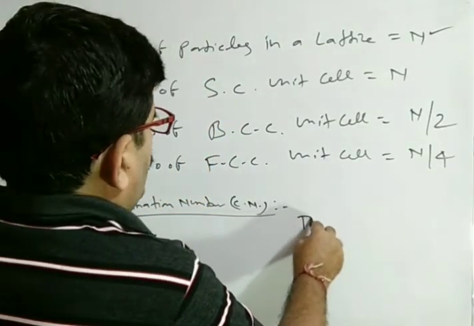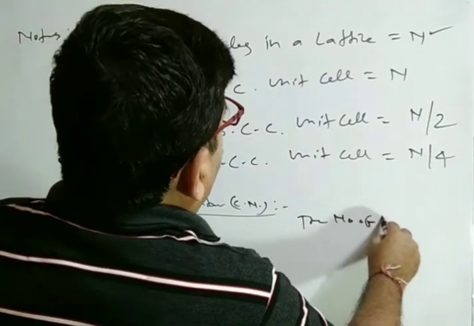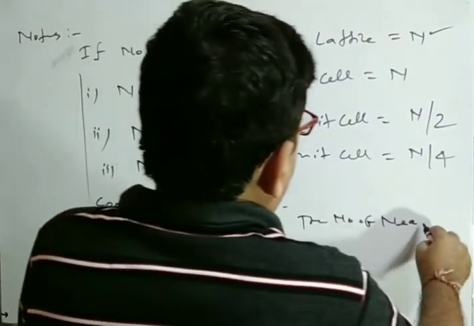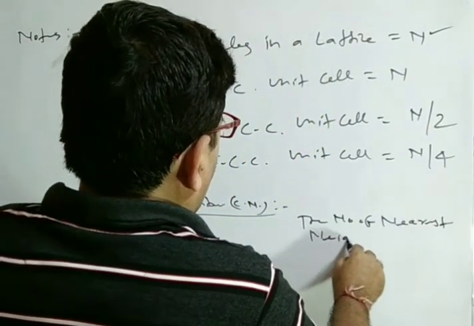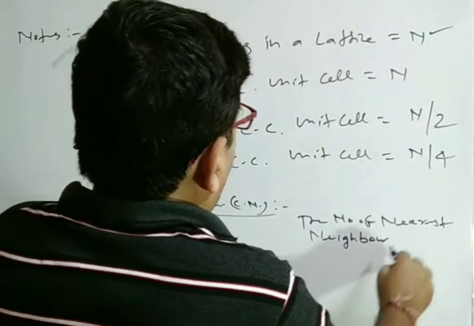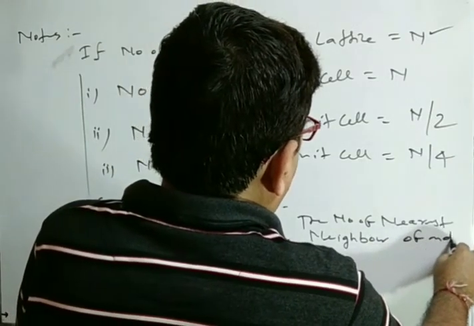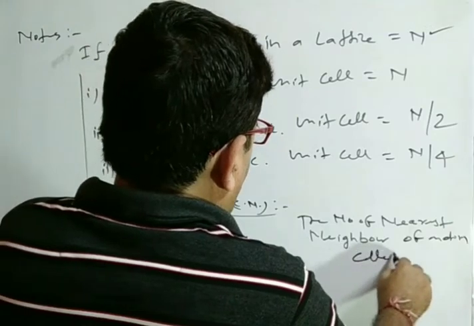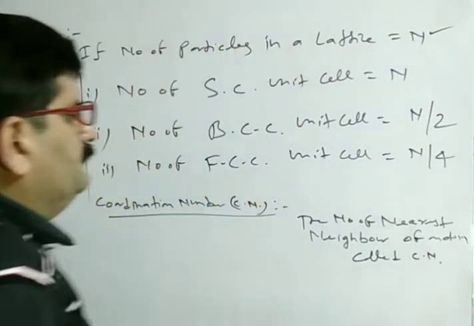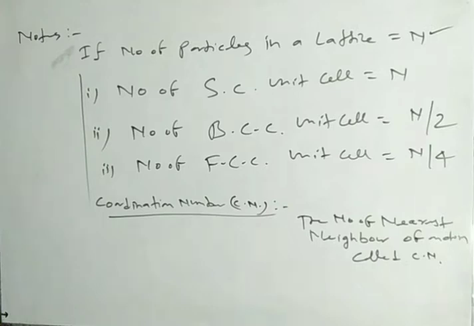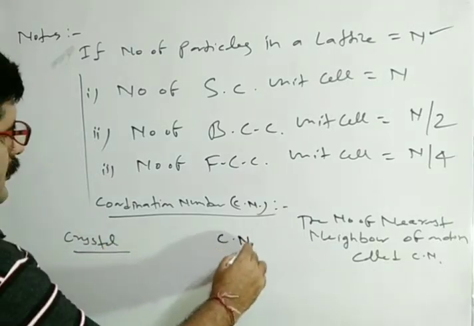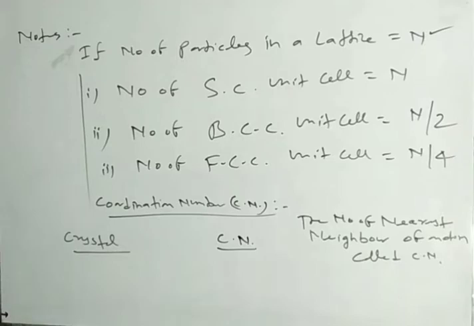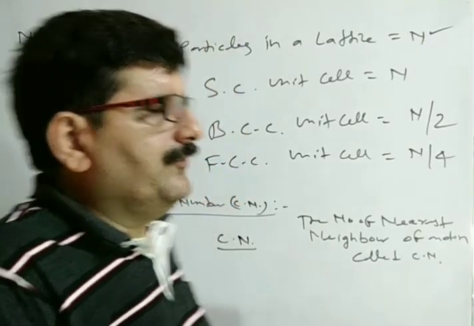So, the number of nearest neighbor of an atom is called coordination number. Some crystals and their coordination number, always remember.